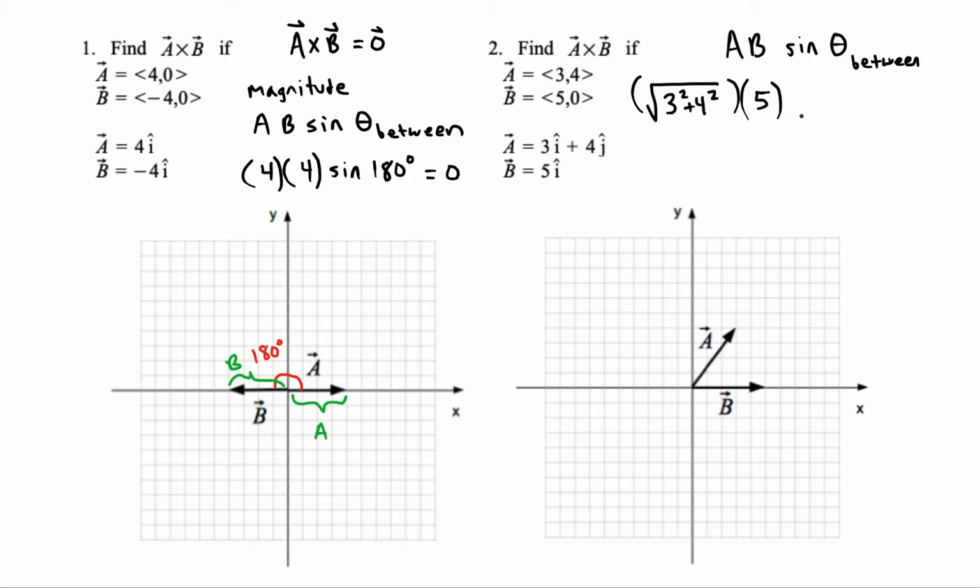Then multiply by B's length. And then you need the angle between them. And that's a little tough to find too. So to find that angle, theta, you'd actually want to do the tan inverse of AY over AX.